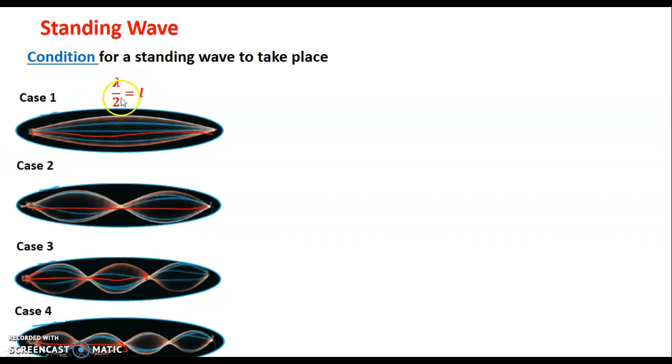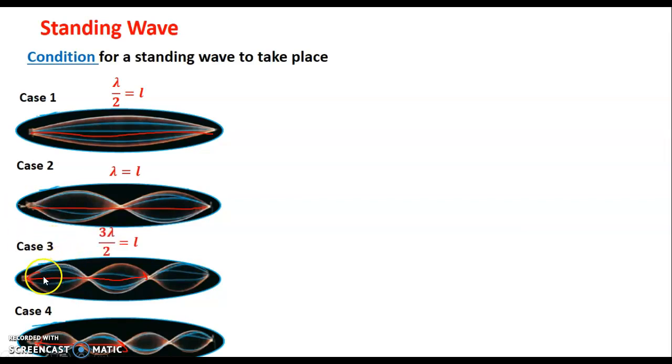So here lambda over 2 is equal to the whole length of the string. In case 2, this is a crest and a trough, so the distance here is a wavelength. Wavelength equals L, the whole length of the string.